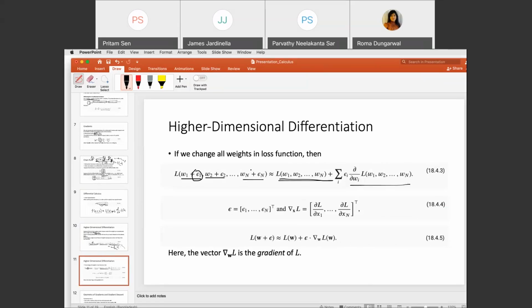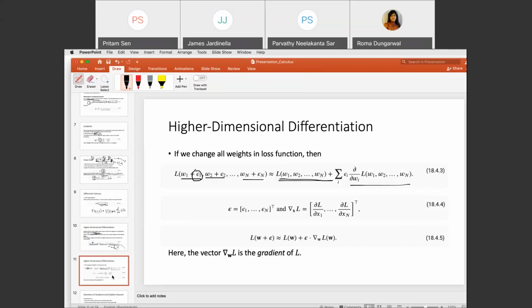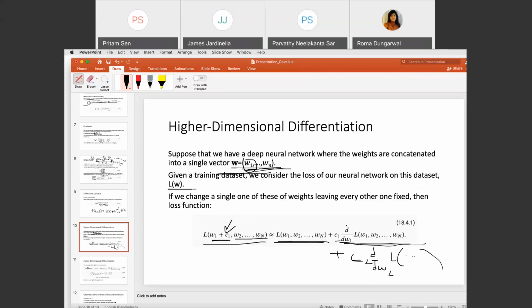So we can present it in vector form. W is already a vector. If we show all the changes as a vector epsilon here, and as I said, these are all partial derivatives: the partial derivative with respect to W1, the partial derivative with respect to W2.